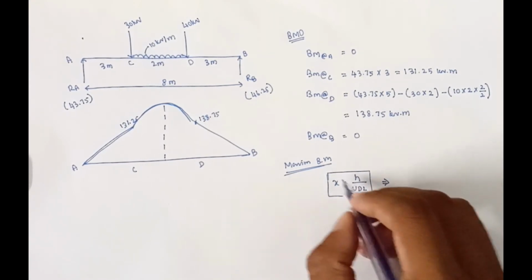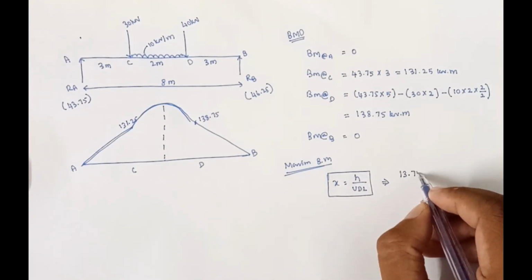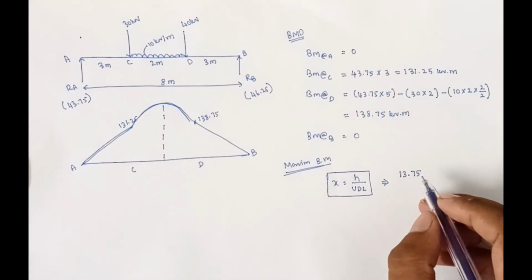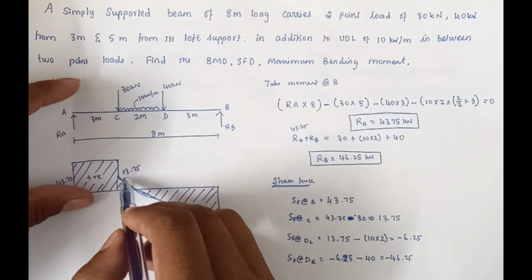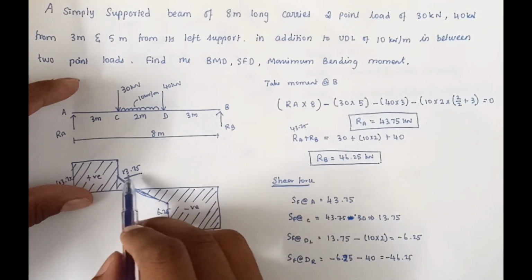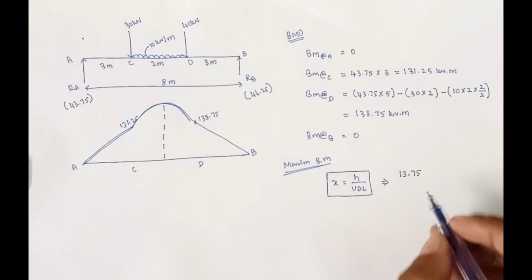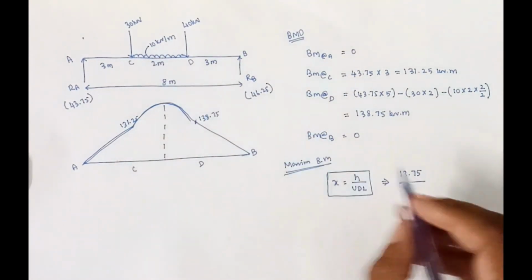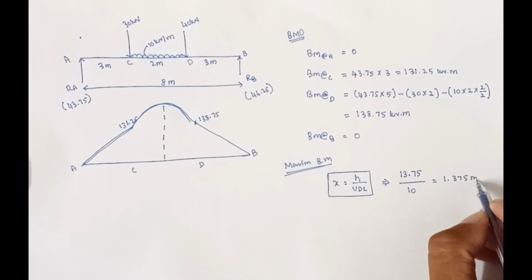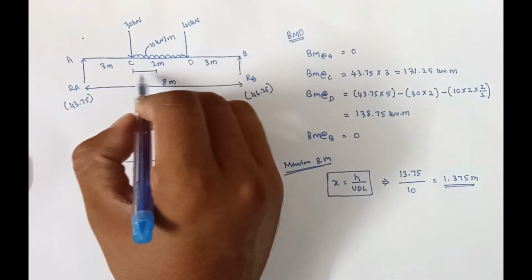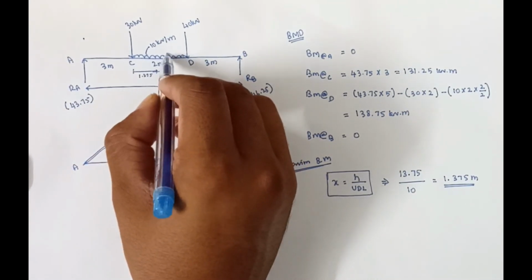Here h is 13.75, from the shear force diagram. So 13.75 is the height and x is the distance, divided by the UDL of 10, equal to 1.375 meter.